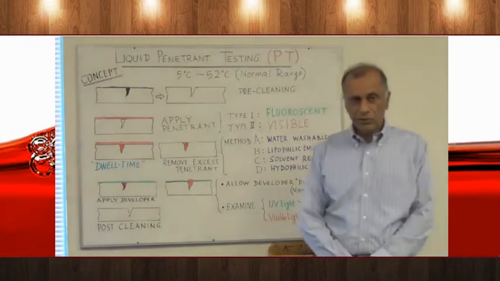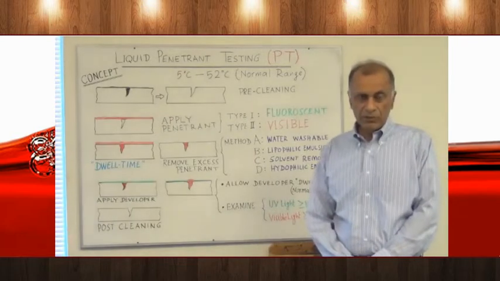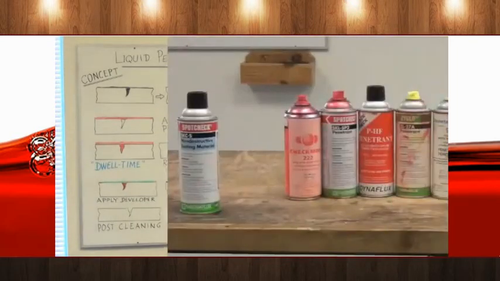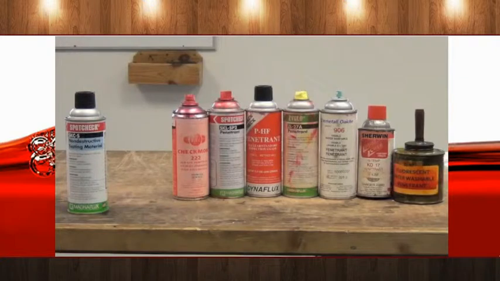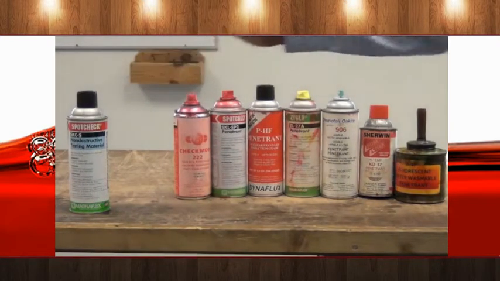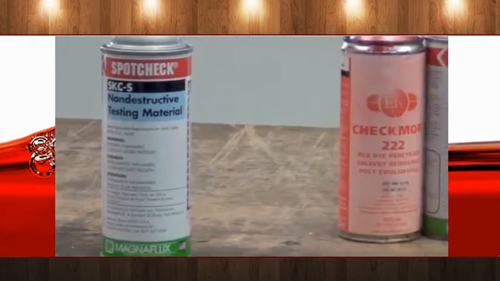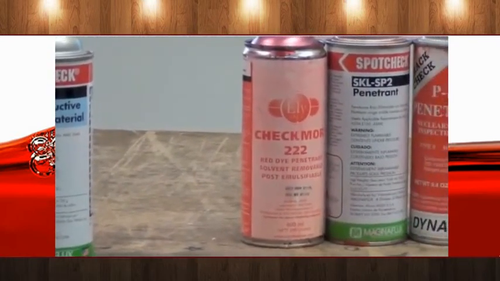And now I will show you the penetrant materials that are used for this inspection. The three main items for liquid penetrant testing are cleaner, penetrant, and the developer. Here is one of the cleaners, and there I have a number of liquid penetrants with different brands from different companies.